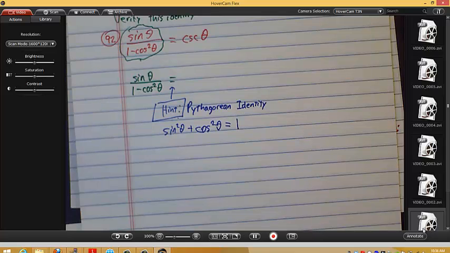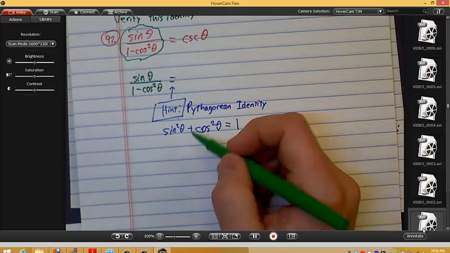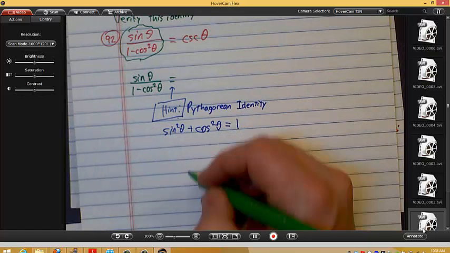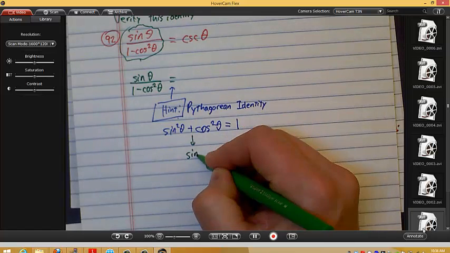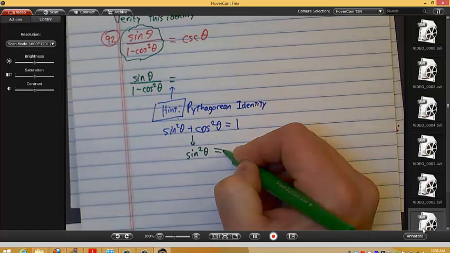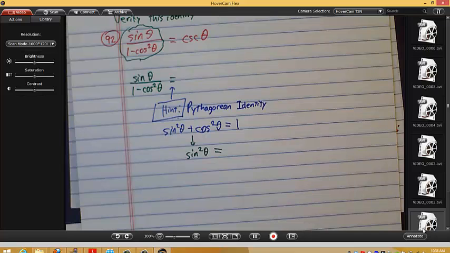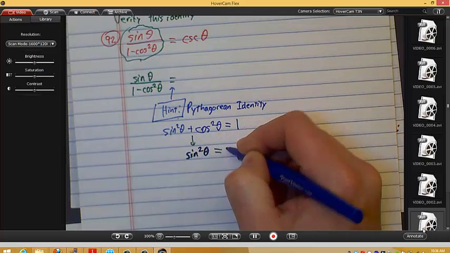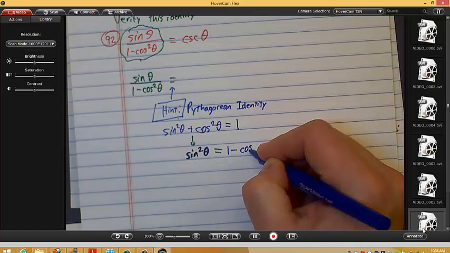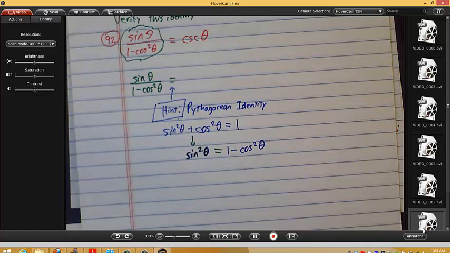So I guess the question is, how does that come into play here? Subtract the cosine squared theta. If I bring that to the other side, I can rewrite this as sine squared theta is equal to 1 minus cosine squared theta. And if you notice, that's what I have here in the denominator.